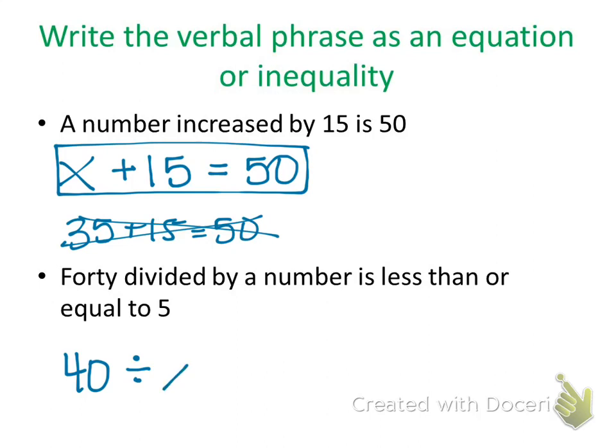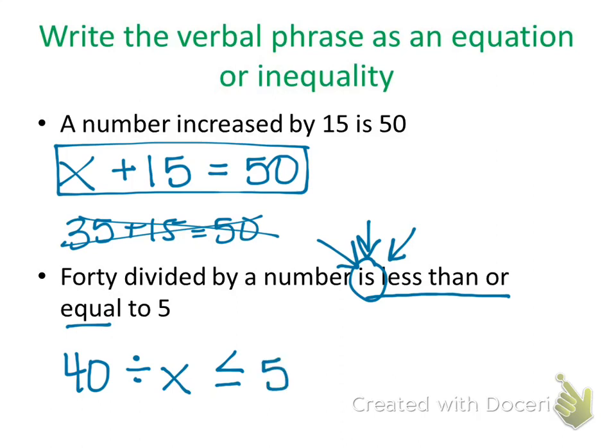Nope, so I use an X, is less than or equal to. Does that mean subtraction or does that mean inequality? Inequality. How do I know that? This word right here, this is my indicator, is less than or equal to. So I write the less than or equal to sign, 5.